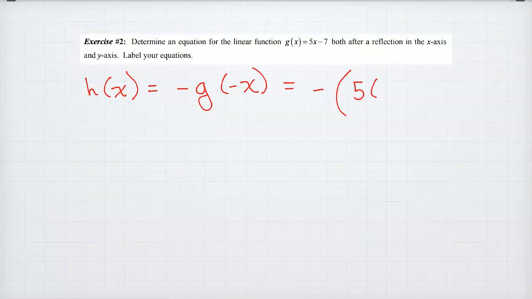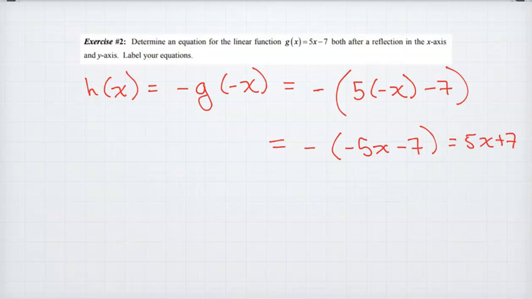I'm going to have 5 times negative x minus 7. So I have an input of negative x, and then I've also made the entire function negative by putting that negative sign on the outside. So if I clean this up, I get negative 5x minus 7, which is 5x plus 7. That's my equation after I've reflected it in both the x-axis and the y-axis. I'm going to call that h of x.